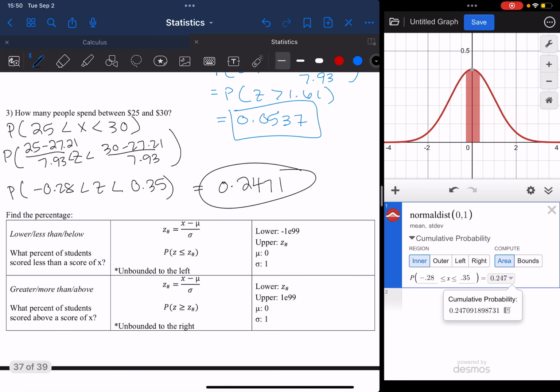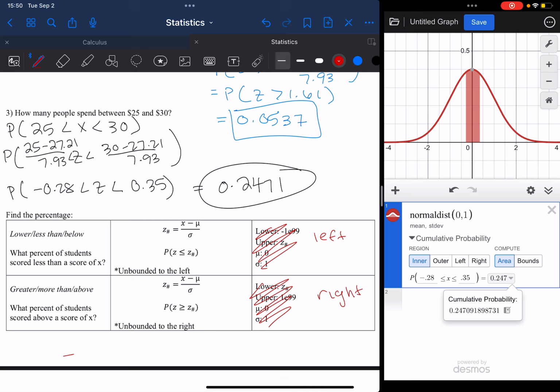So this next part says, let's say we're finding these percentages and we have to convert them into z-scores. Well, we kind of already did that up here. When we had to find something that was lower, ignoring this portion because this is talking about the TI calculator, we had to look at less than, or the left side, versus if something was above, greater, or higher, we had to look at the right side.